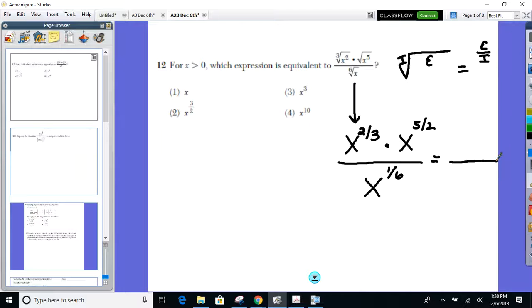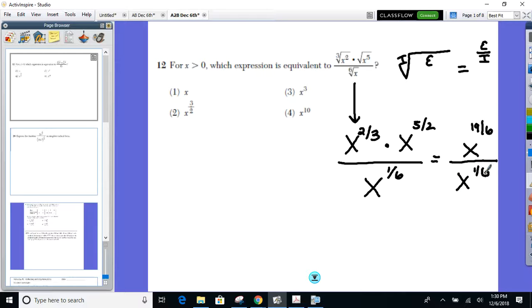All right. Now, do you remember your exponent rules? Come on. When I multiply, what do I do with them? Add them up. That's why we got those nice calculators that can do 2/3 plus 5/2. And it'll be x to the 19/6. Perfect. Over x to the 1/6.